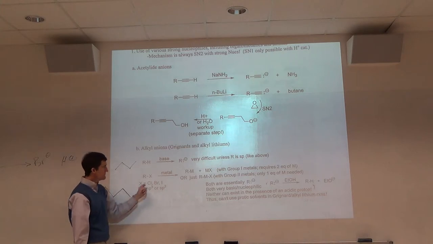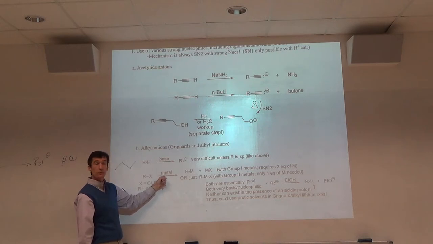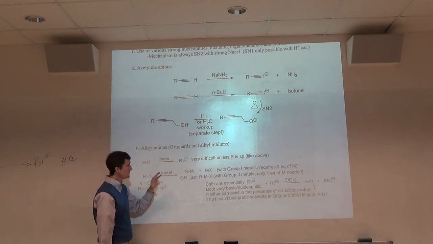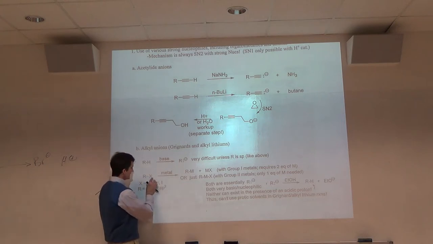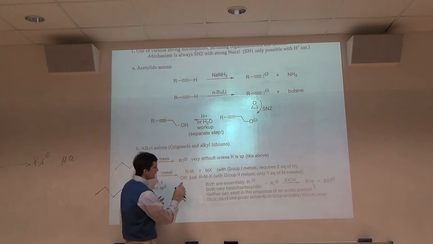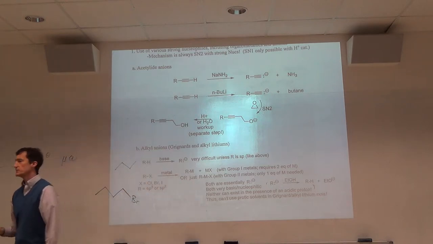If you react such with a metal, usually it's a group 1 metal or group 2 metal. We'll see examples. The metal will actually insert, well, it'll be 2 different ways. You can get R metal plus MX, or you can get this. Let's go ahead and look on the next page, because it shows precise examples.